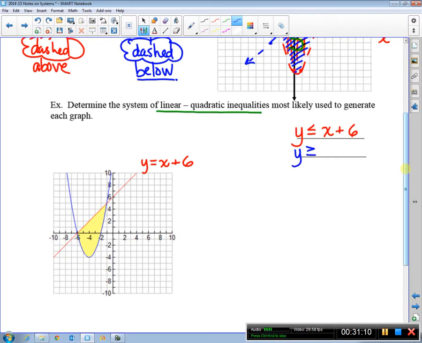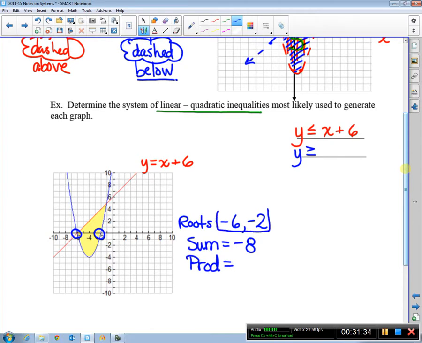What I see are 2 roots, and the roots are -6 and -2. The sum of those roots is -8. The product of those 2 roots, I'm just adding these together and multiplying them together, the product is 12.